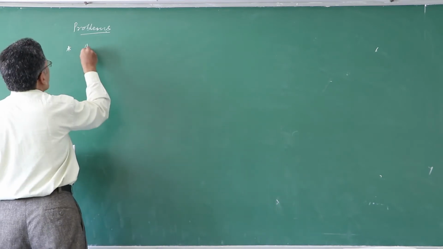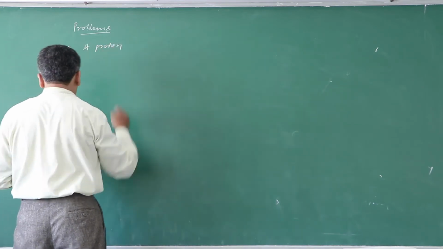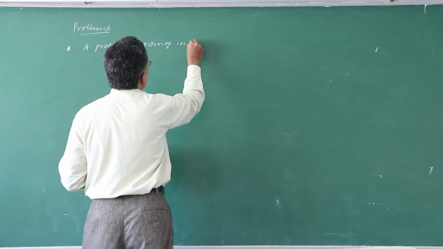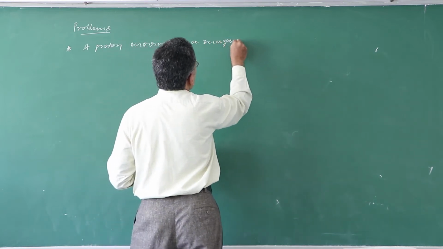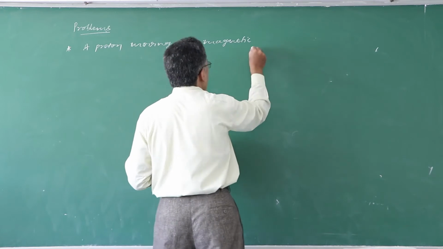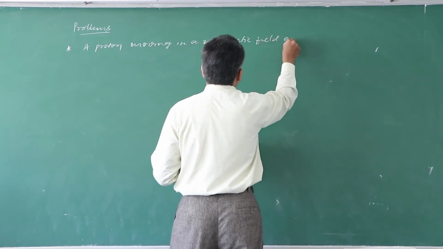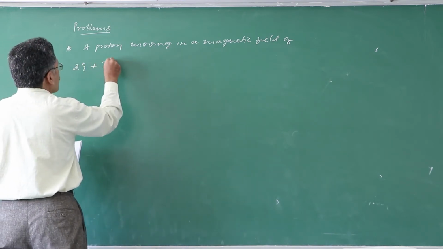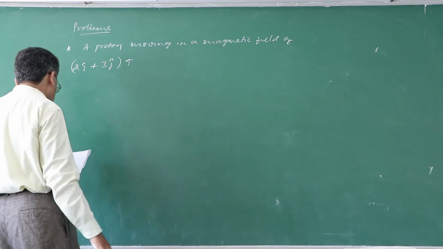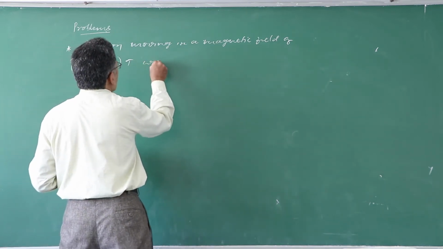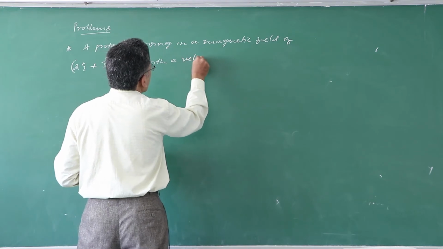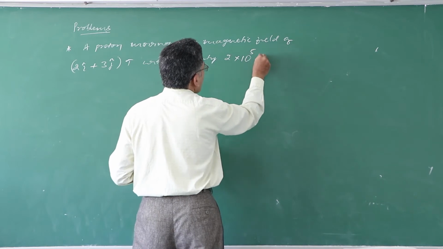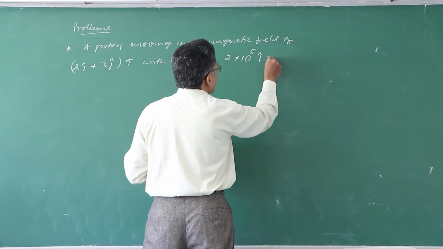A proton moving in a magnetic field of 2 into I cap plus 3 into j cap Tesla with a velocity 2 into 10 raised to 5 into I cap meter per second.